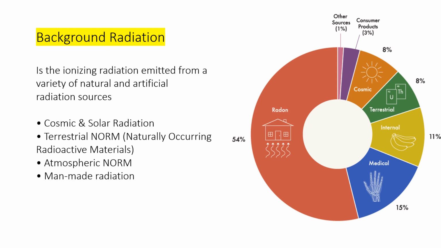And then we have atmospheric NORM, and then man-made radiation. This is a pie chart of our sources of background radiation, which is mainly comprised of radon, and next you have internal sources, medical sources, terrestrial, cosmic, consumer products, and other sources.